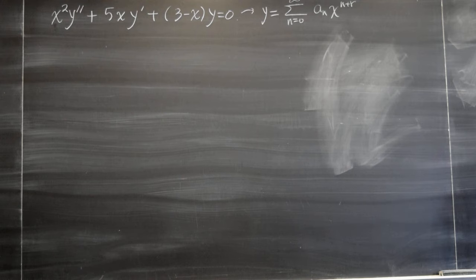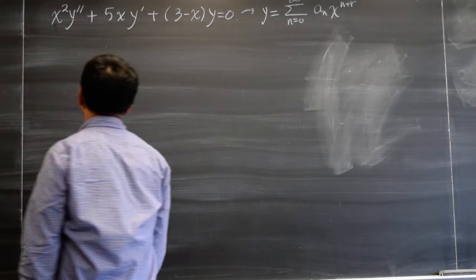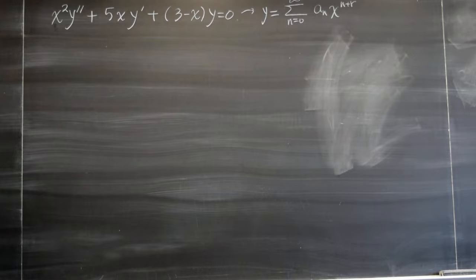Now, last time I concluded with a formula that gives us the value of r. That was called the indicial equation. What was the equation?